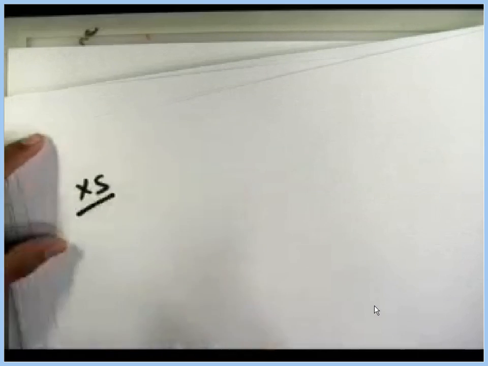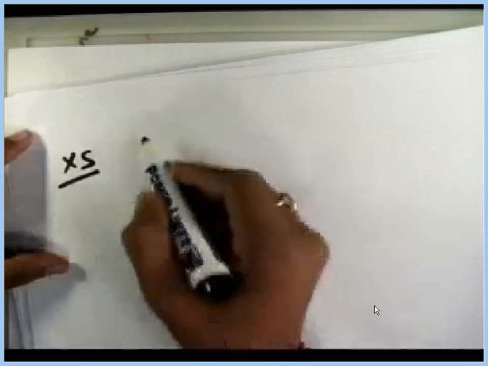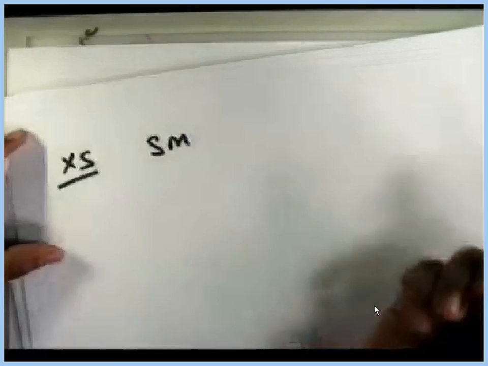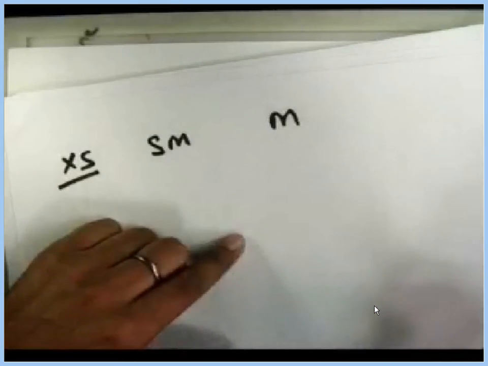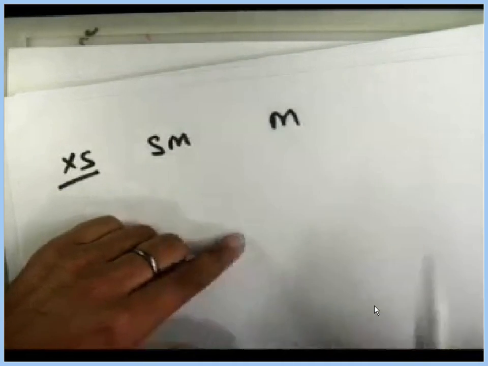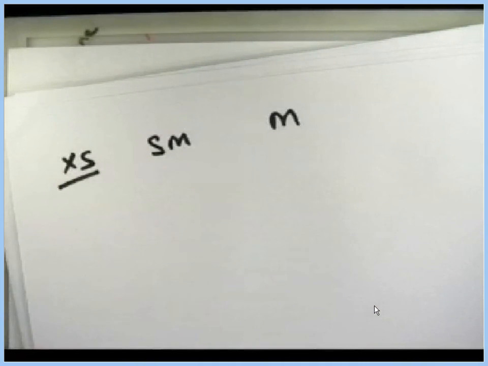One class name is XS, one is SM for small, then MD for medium, and then LG. They divided these classes into 4 categories.